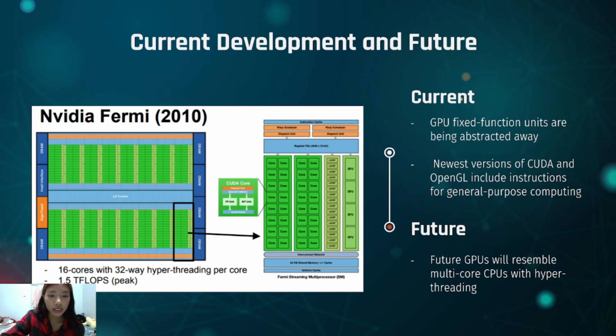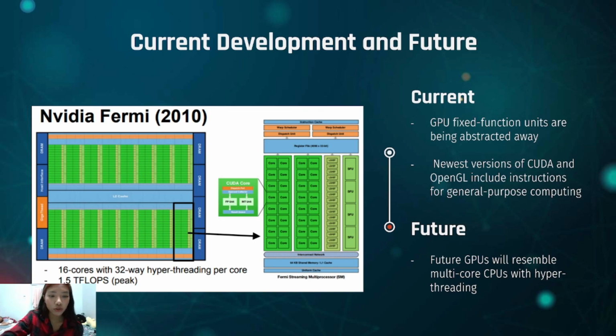Lastly, this is about the current development of GPUs and what they would be in the future. Current GPU fixed functions are being abstracted away to ensure the flexibility and efficiency of the GPU. By abstracting away fixed function units, we're making GPUs more adaptable to future needs and improvements.